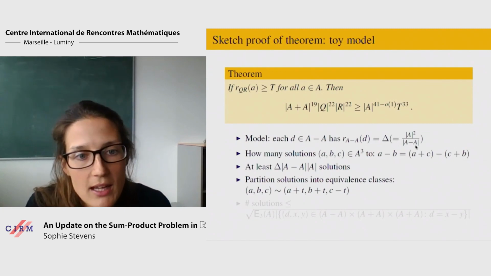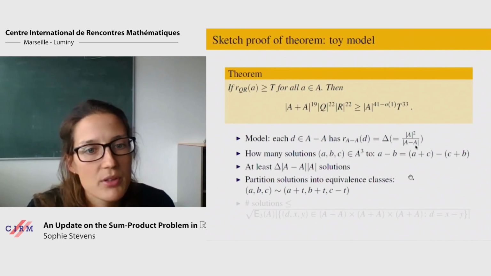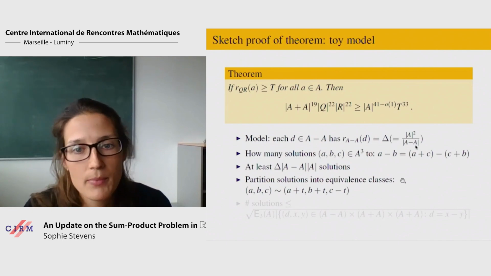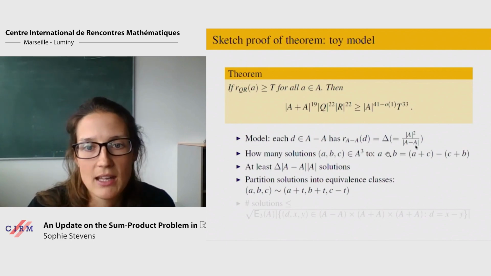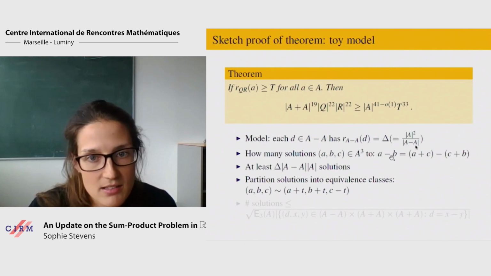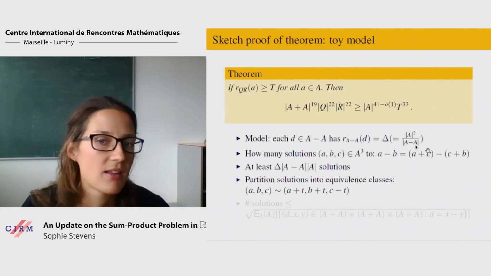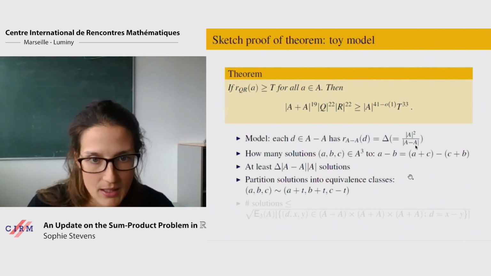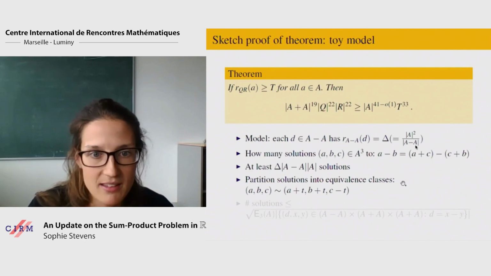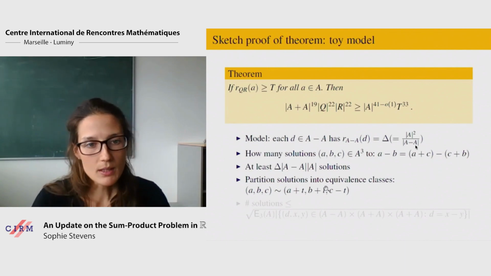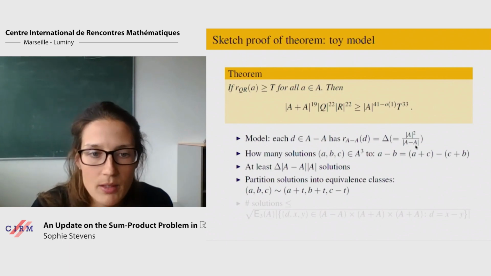So what we'll do is partition our solutions of this equation into equivalence classes. We'll say that if we've got two solutions, then they're the same in this equivalence if, say, the left-hand side of one solution is the same as the left-hand side of another, and this term is the same as a plus t plus b minus t. Then we'll count the number of solutions by these equivalence classes.